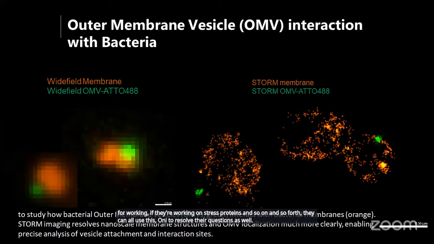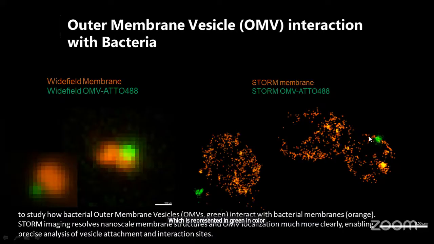So this is one of the studies where they have used the dSTORM technique and stained OMVs with ATTO 488. Usually, bacterial outer membrane vesicles are represented in green color. Showing these interactions in the bacterial membrane is really difficult.